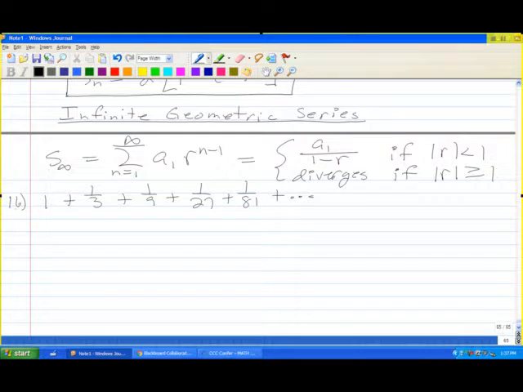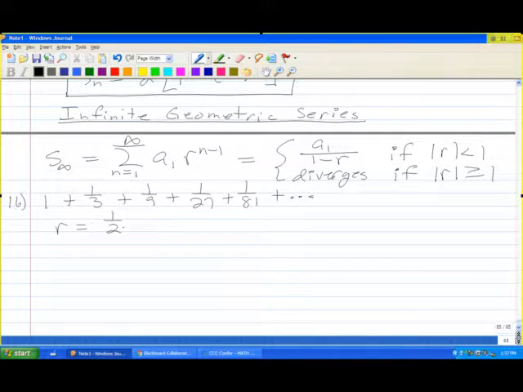So let's see. If the absolute value of r is less than 1, then I know what's happening. If not, I don't know what's happening. So what's r? Notice that to go from 1 to 1/3, I multiply by a third, multiply by a third to get 1/9, multiply by 1/3 to get 1 over 27.